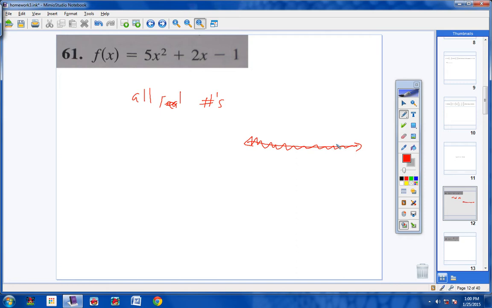So I really don't know how to use inequalities. I guess you could say x is greater than or equal to 0 and x is less than or equal to 0. Interval notation would simply be from negative infinity all the way to positive infinity, because it's all real numbers.